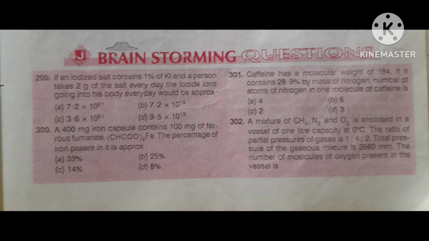One more time I am reading the question. If an iodized salt contains 1% of potassium iodide and a person takes 2 grams of the salt every day, the iodide ions going into his body every day would be approximately: 7.2 into 10 to the power 21, 7.2 into 10 to the power 19, 3.6 into 10 to the power 21, and 9.5 into 10 to the power 19.